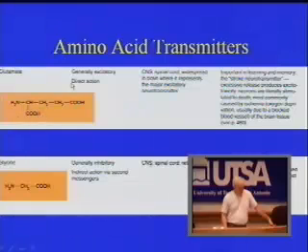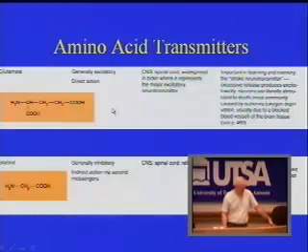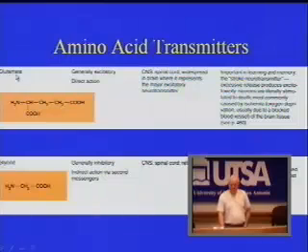Decarboxylate glutamate, the primary fast excitatory neurotransmitter in the nervous system, and what have you got? Gamma aminobutyric acid, the major fast inhibitory neurotransmitter in the entire nervous system. So it's kind of interesting. Obviously, if you increase glutamate levels or activation of glutamate receptors, you're going to induce convulsions.